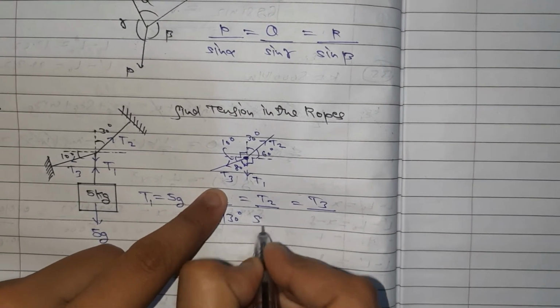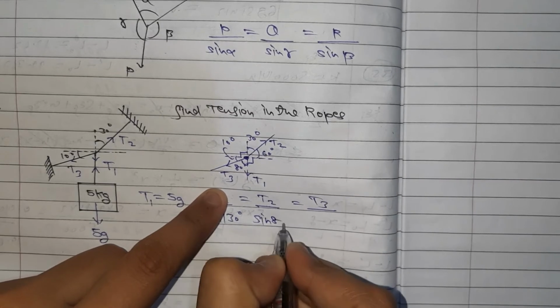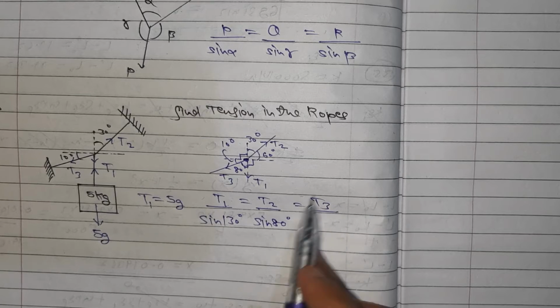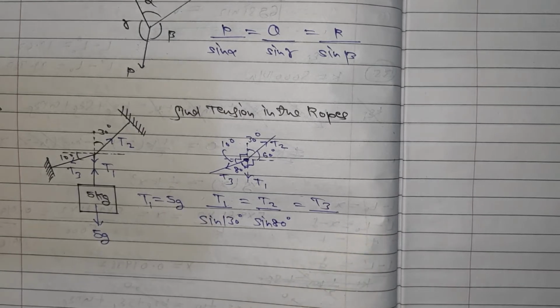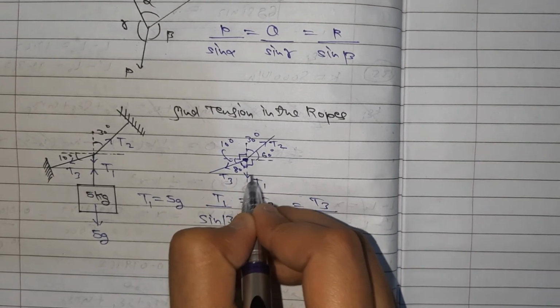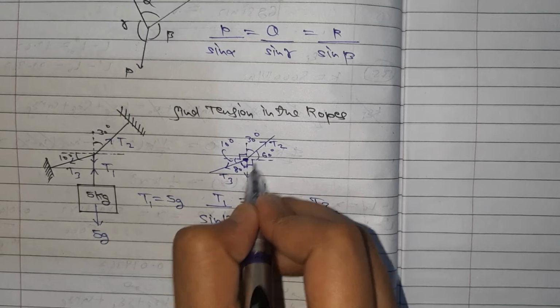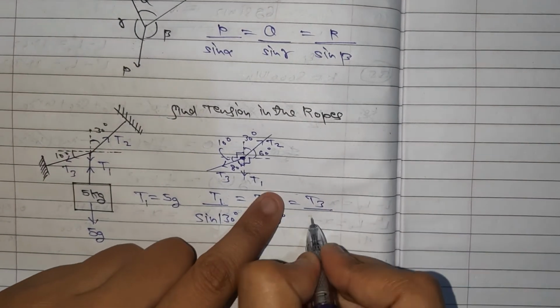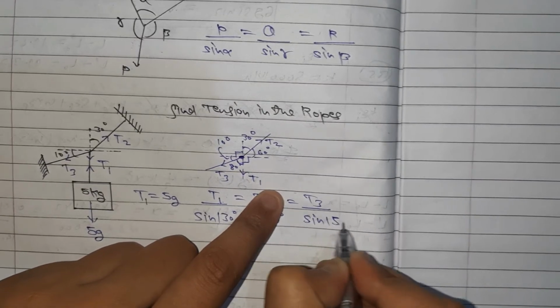So I have to write sine of 80 degrees. Now for T3, we have to see the angle between T1 and T2. Please be very careful: the angle between T1 and T2 is 60 plus 90, which is 150 degrees. So sine of 150 degrees.